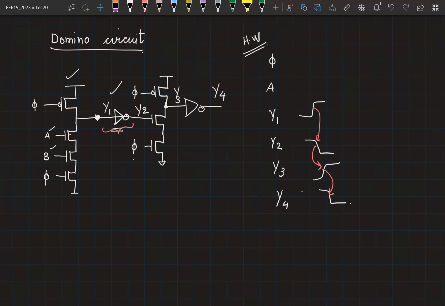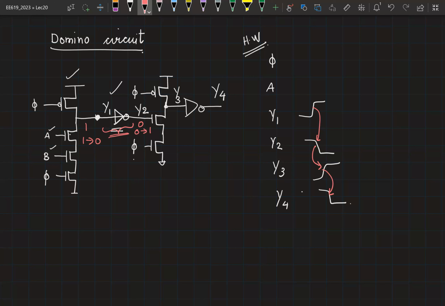So does it remain at 0? It's not correct, right? During the pre-charge phase, this will be at 0. This is at 1. Now, during the evaluation phase, this can either remain at 1 or go from 1 to 0. This can only fall, and this can either remain at 0 or go from 0 to 1. So this inverter, during the crucial evaluation phase, is going to see only rising edges.